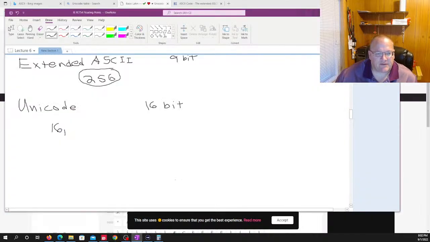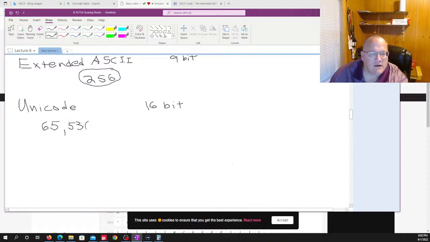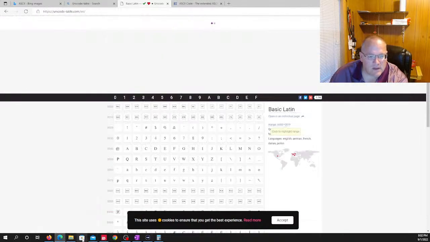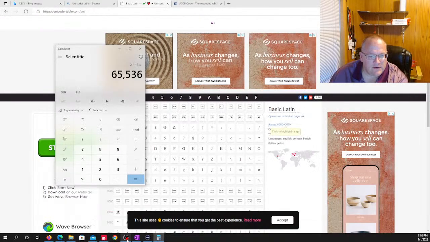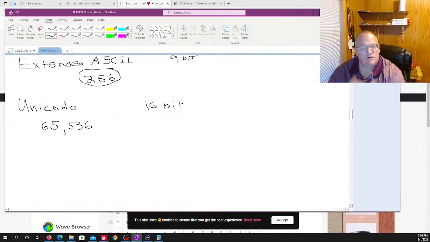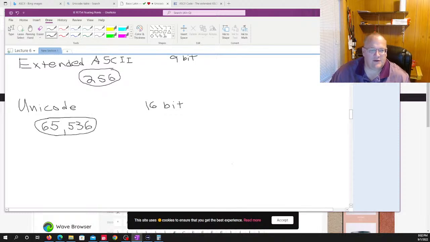That's how many characters we've got. Oh, I even had it wrong. Imagine that. So that's the total number of possible characters that we can do with Unicode.